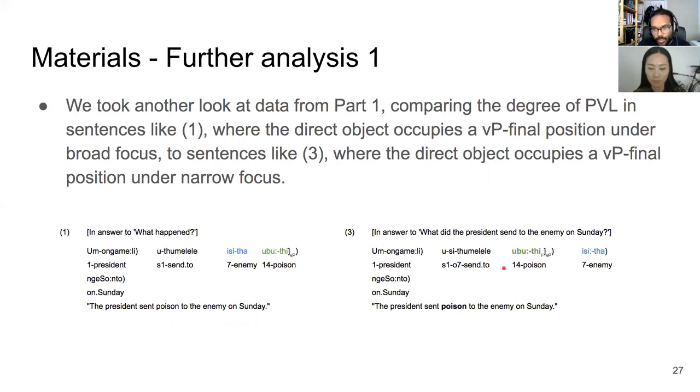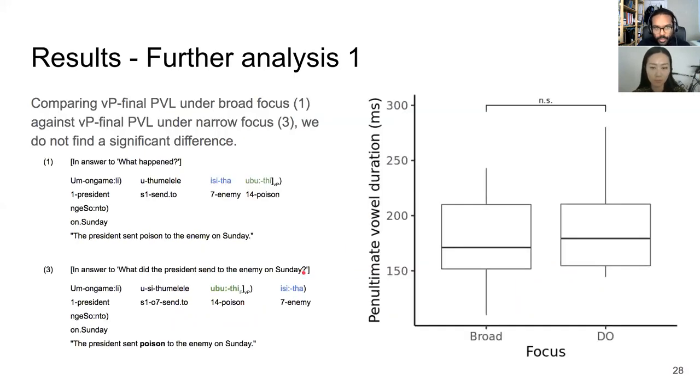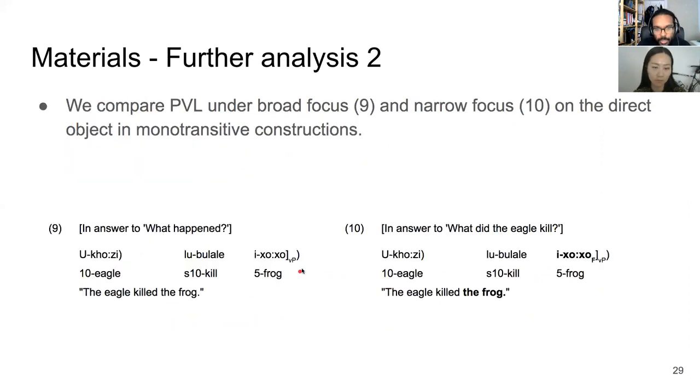We're comparing the penultimate vowel length of ubuti in 3 to the penultimate vowel length of ubuti in 1. And we see that there is not a significant difference between the penultimate vowel lengthening in these two positions. We also compared an analysis specifically on monotransitive constructions, and I'm not going to go through it for reasons of time, but it shows very similar results.